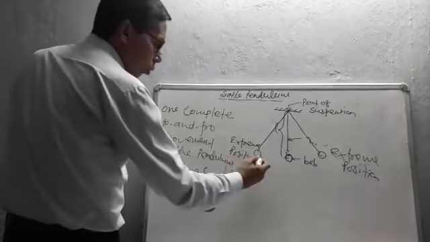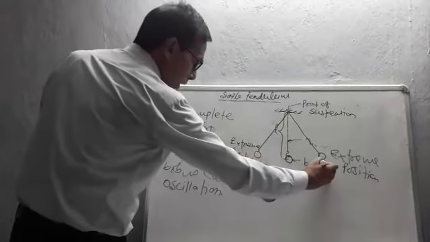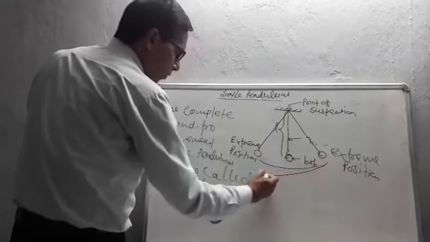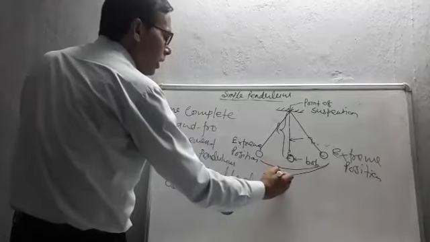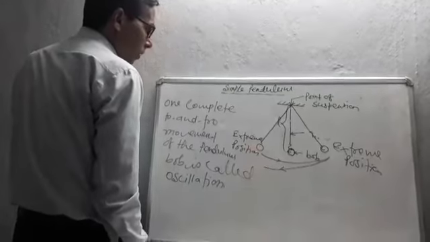That is, when the bob starts from the first extreme position to the second extreme position and again comes back to the first extreme position, one oscillation is said to be completed.